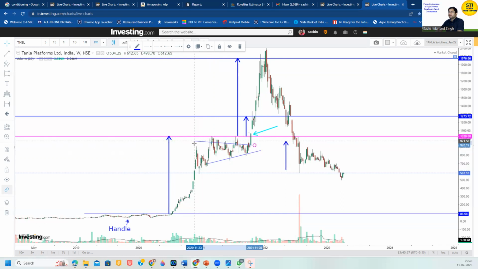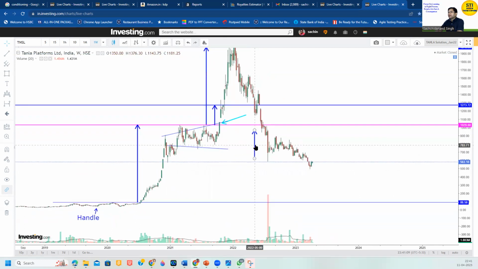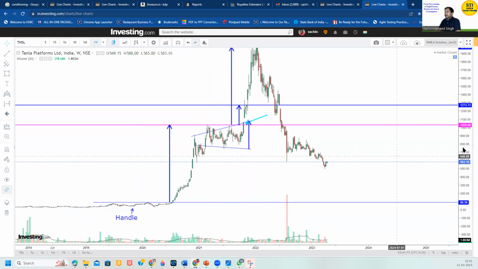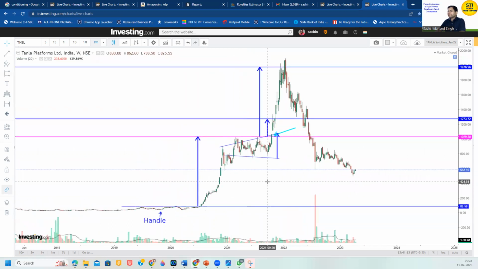The flag could sometimes be like this also, closed, or a kind of wedge formation. First narrow, and further it is going to be wider, and whatever the wider side, that particular distance will be your first target, and the second target could be equivalent to the pole. So that's again simple flag and pole.